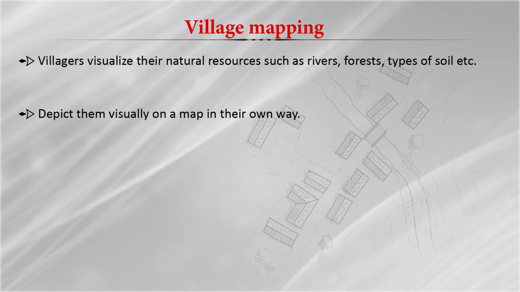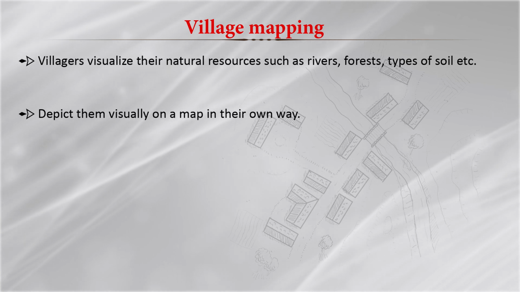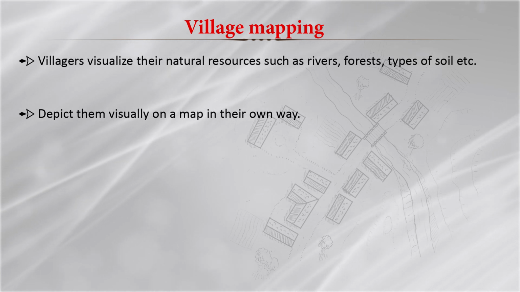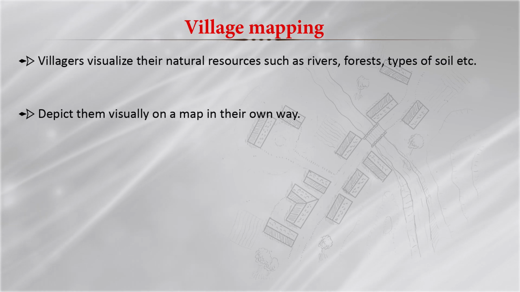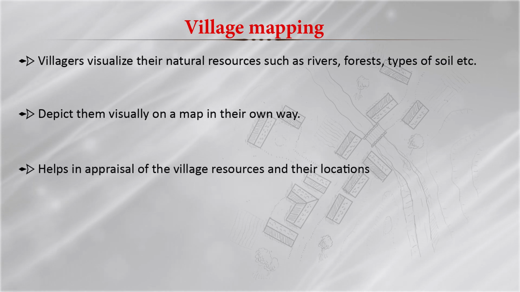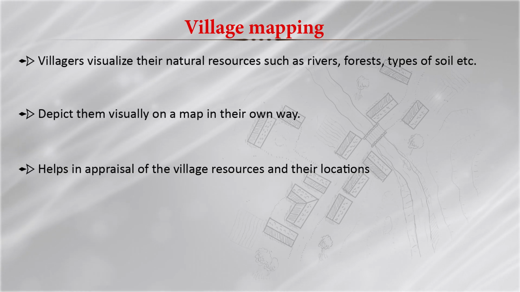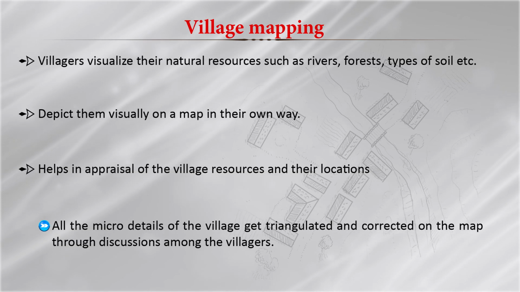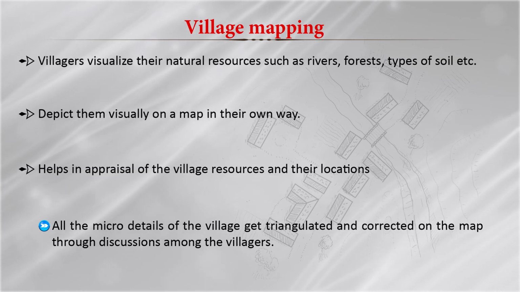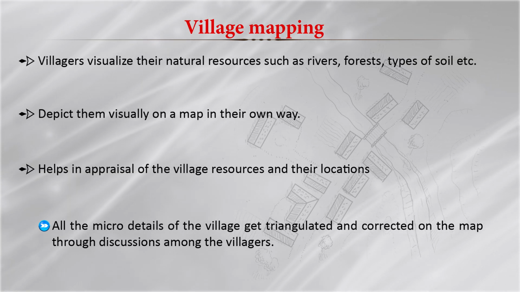So they prepare the map of the natural resources available in their area, and this helps in appraisal of the village resources and their locations, and all the micro details of the village get triangulated and corrected on the map through discussion among the villagers.